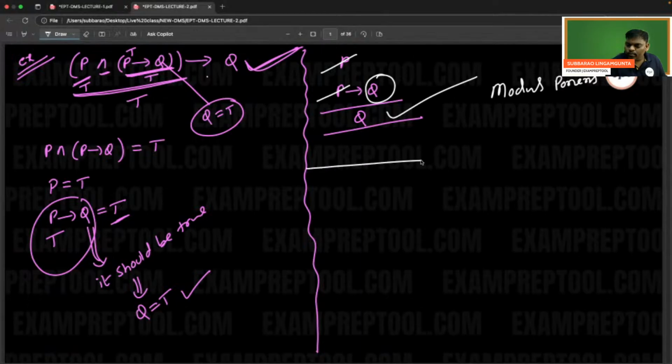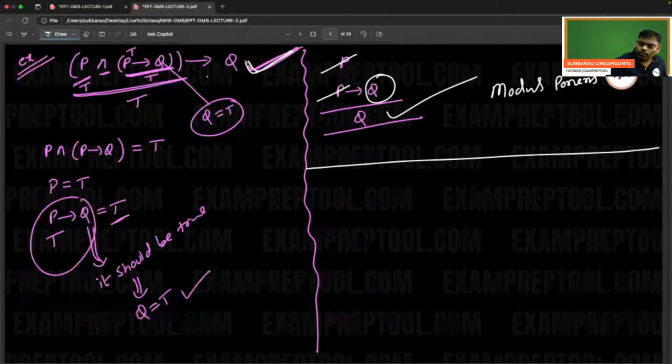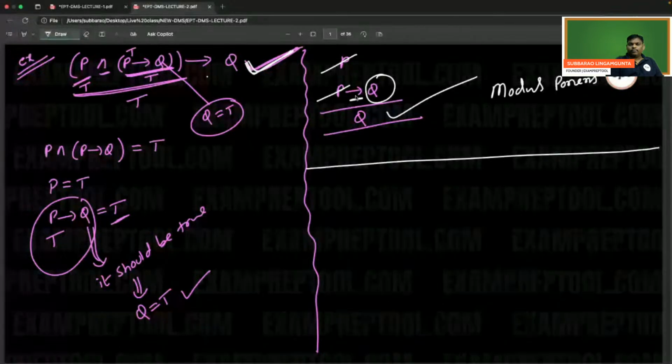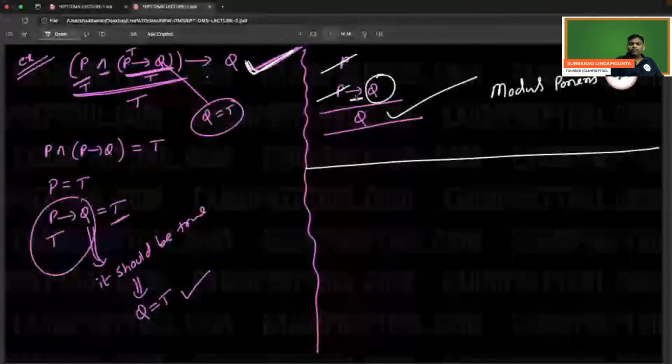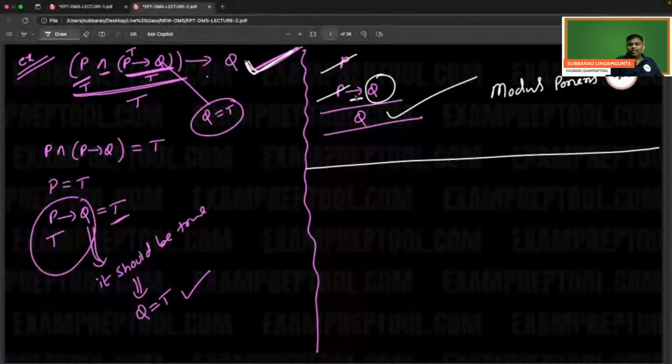Just remember, I already proved this. The short way is to just cancel both the P's. Remember, it is the implication. P there, P implies Q there. If you cancel P, the left out part is only Q. This property is called modus ponens. They kept a short name for it, and next time onwards you can use it.